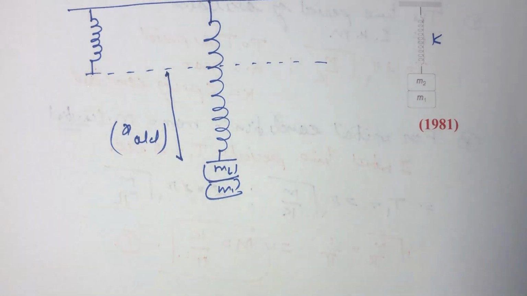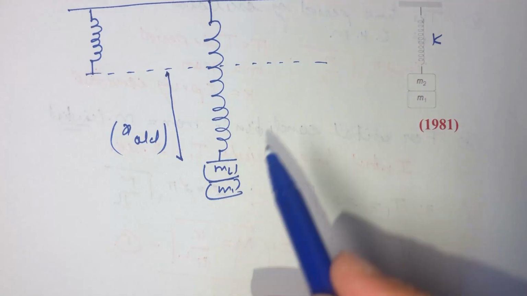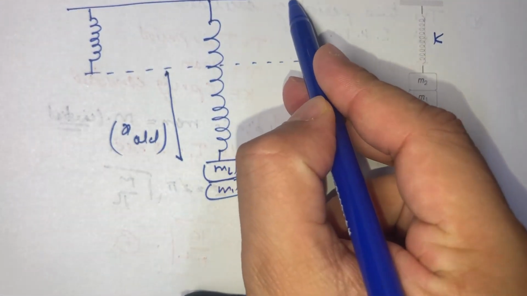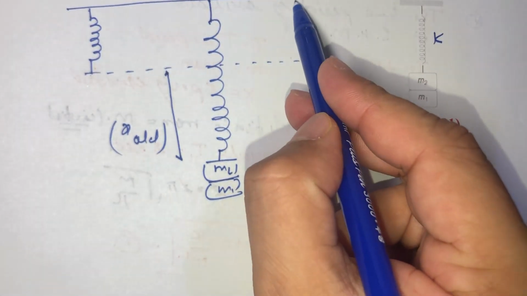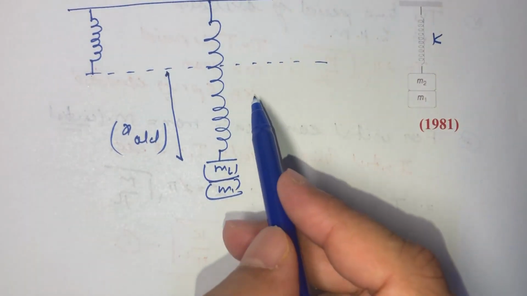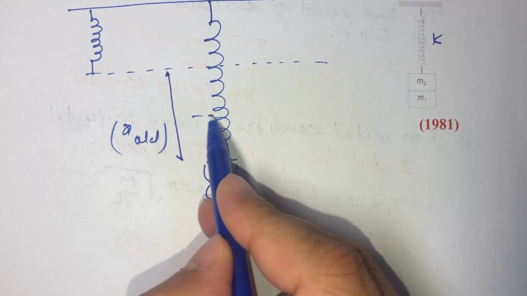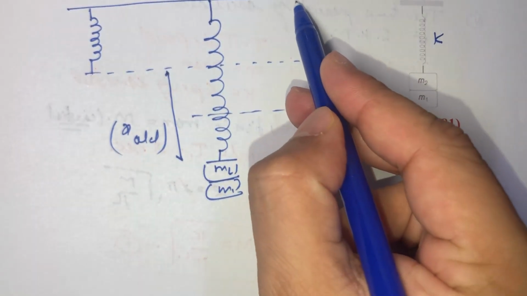And when m1 is removed, let us suppose the spring is now extended up to this position.